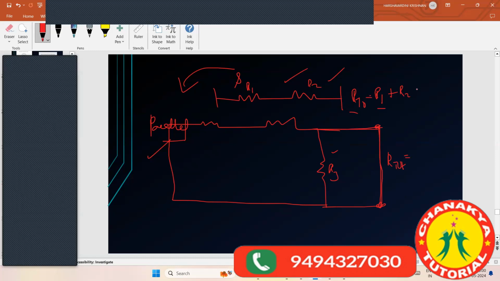So basically, you can do one thing to simplify it. In the first case, R1 plus R2, I can make them the total resistance R tot. Just give it the name RS.